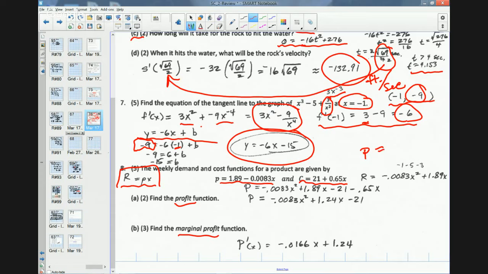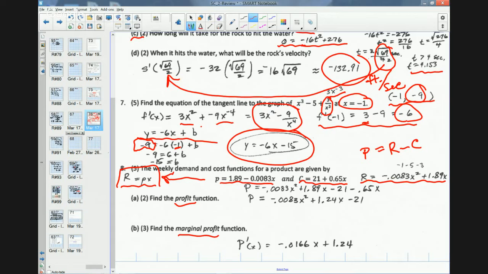So, I should put this down too. We know that you've got to get the profit by subtracting the cost from the revenue. Well, I never gave you the revenue. That's why you have to take this small p equation and, using that formula over there, multiply it by x in order to get the revenue. That's where I got this.